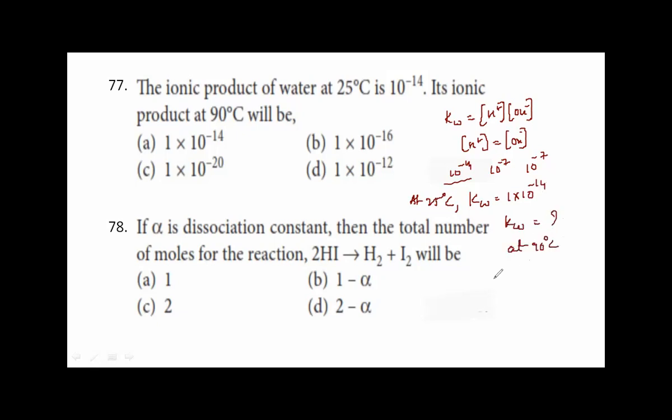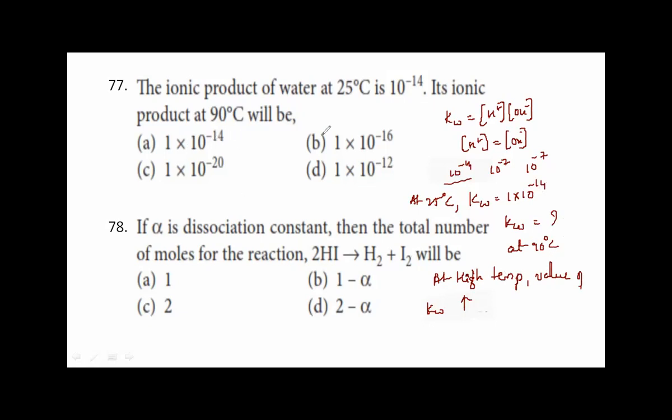Now they have increased the temperature, right? We know that at high temperature, the value of the ionic product of water also increases. Yes, the ionic product value increases as temperature increases. So what will it be? It will be more.